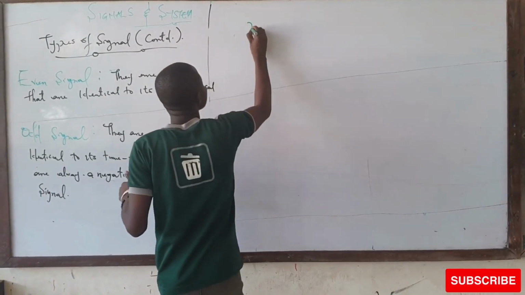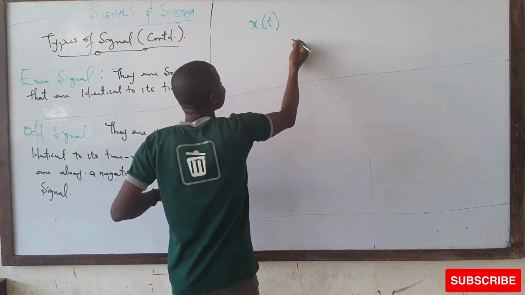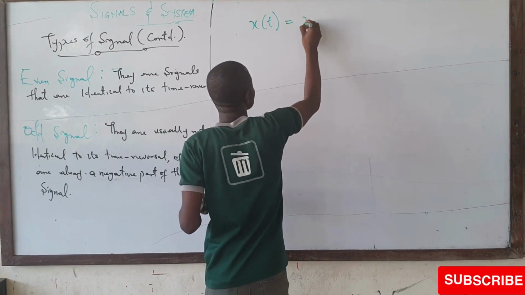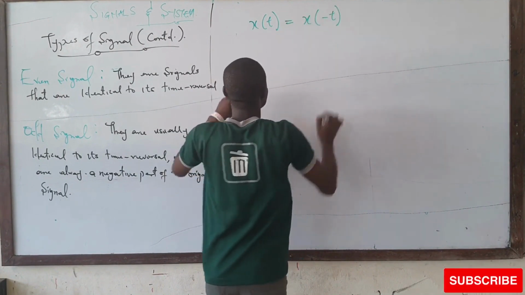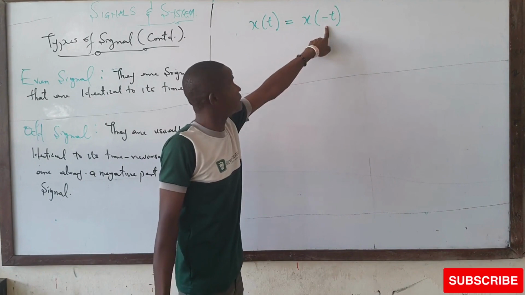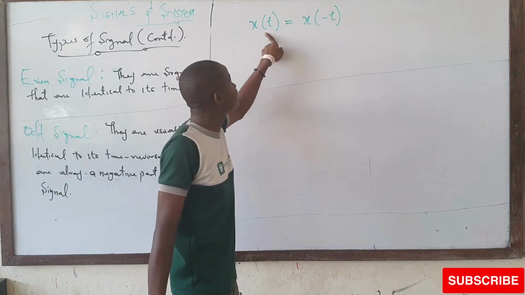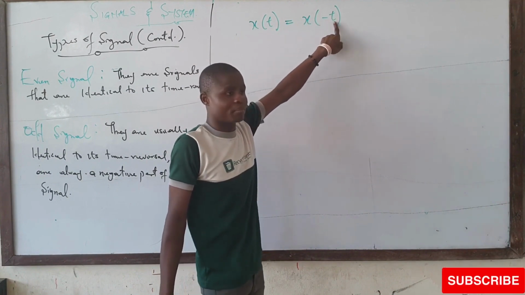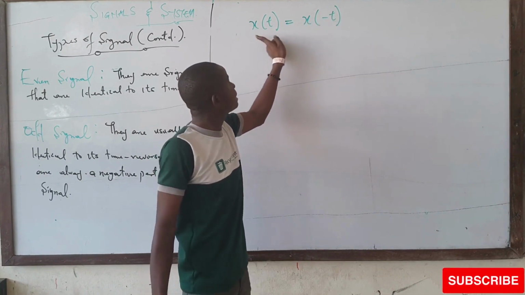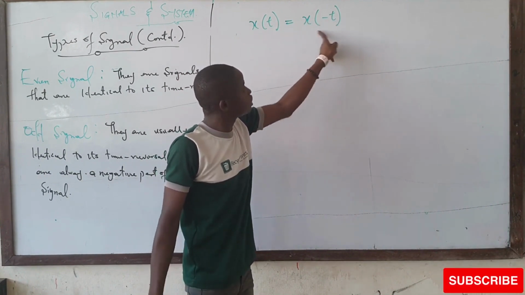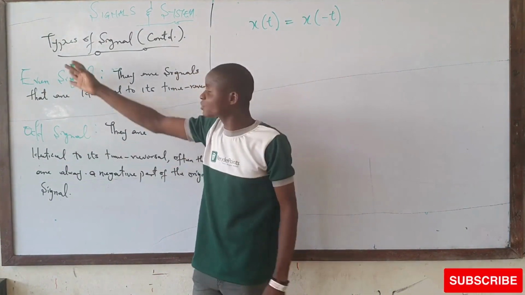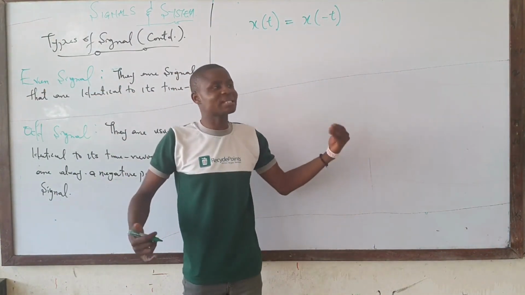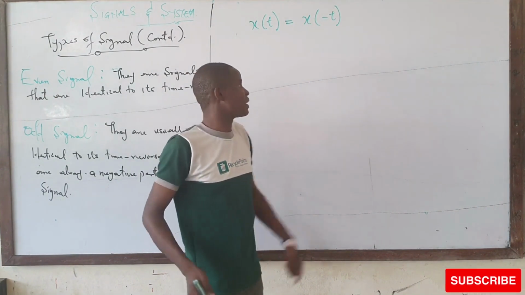What we are saying is, if I have x of t, then x of t is equal to x of minus t. A time reversal of this gives me this. If x of t is equal to x of minus t, then we have an even signal, because it is identical to its time reversal.